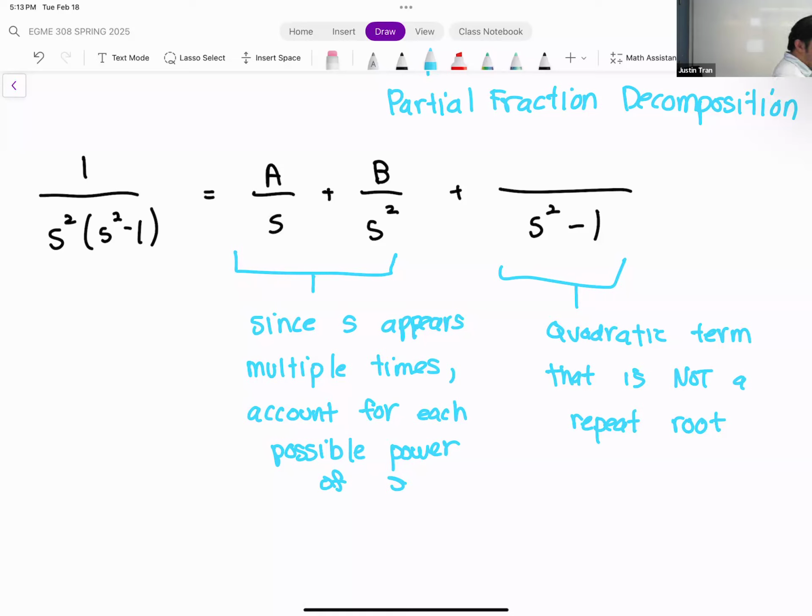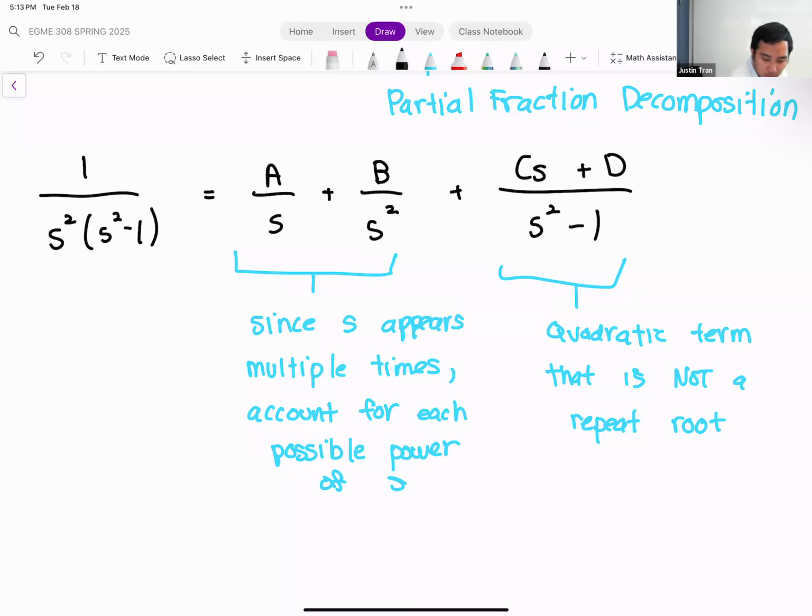What this means is that in the numerator, we have to have a polynomial that's one order less, and so in the numerator here, we're going to have c times s plus d. Okay. Any questions on how we got this expression here?